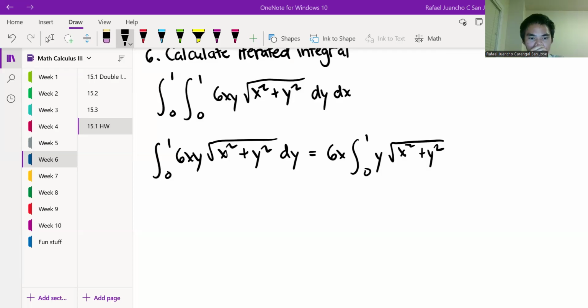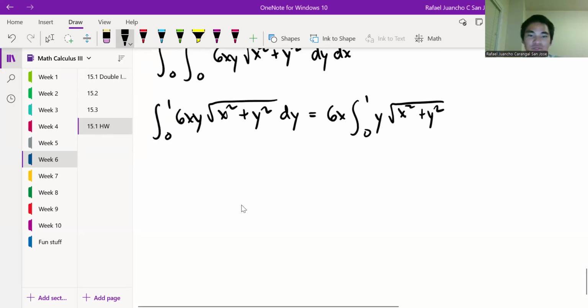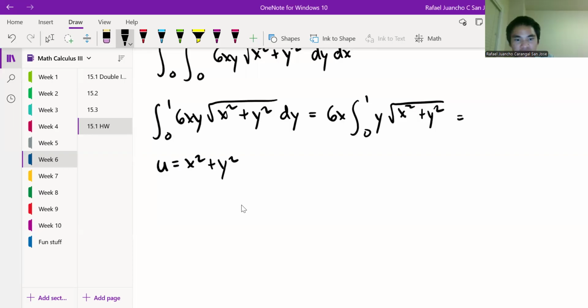Oh, so we do a U sub here, which is something I wasn't completely expecting. Let me do a U sub. So here I'm going to say U is equal to this thing.